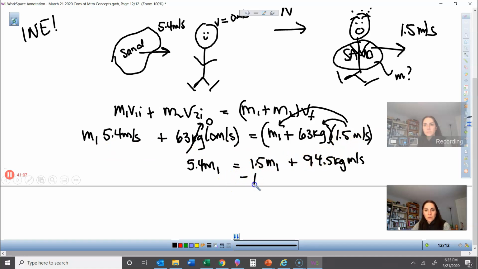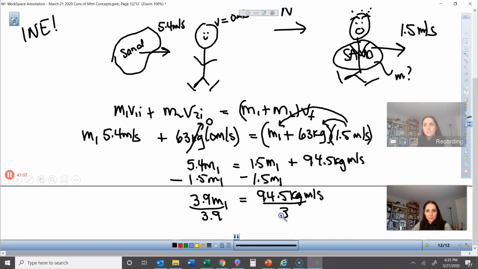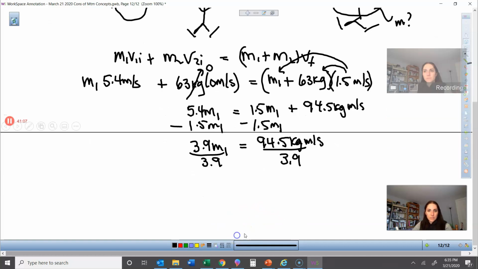So what I'm going to do is subtract 1.5 m1 here and carry it. So 5.4 minus 1.5 gives me 3.9 m1 equals 94.5 kilograms meters per second. In which case now I divide by the 3.9 on both sides.